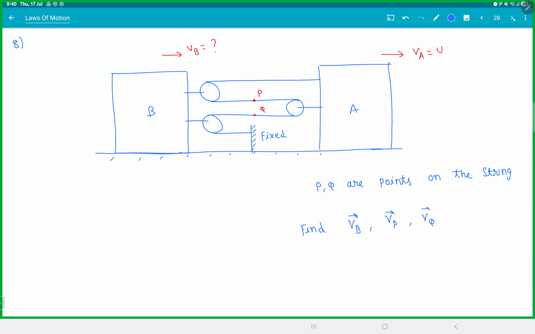Okay. I think it won't be 2U. It can't go faster than the block, right? Aditi, how did you get that?